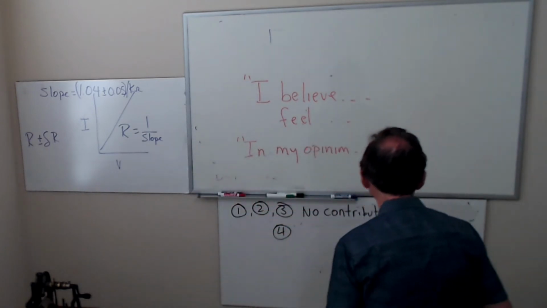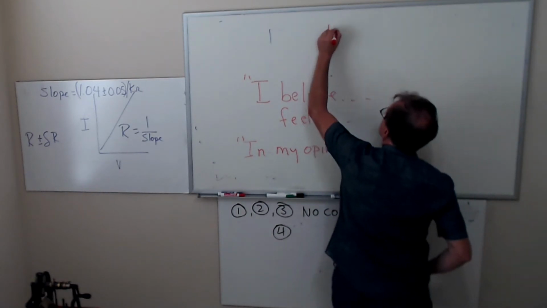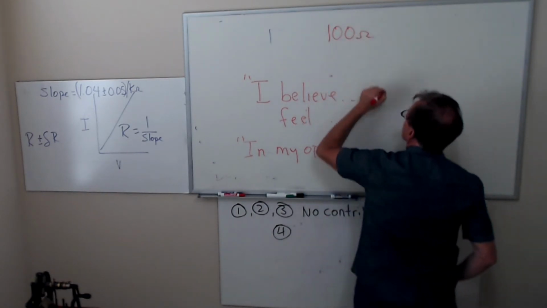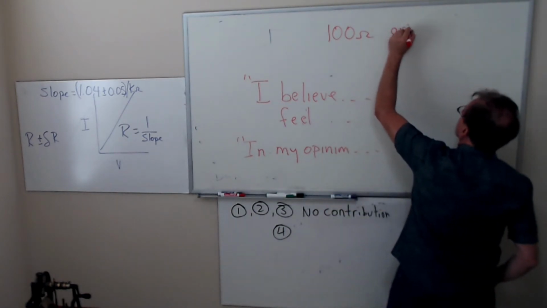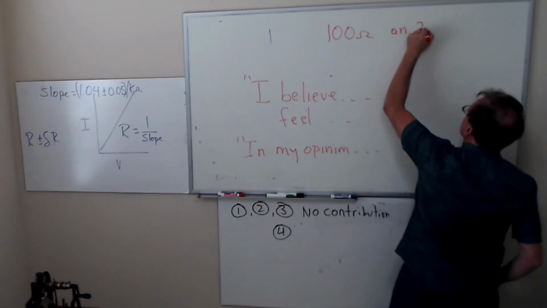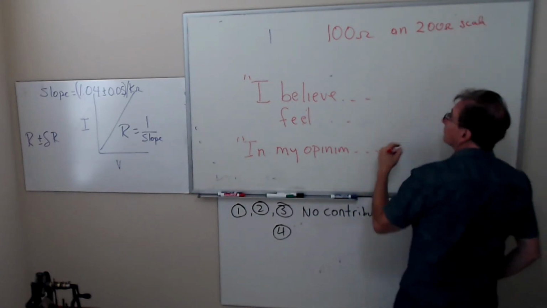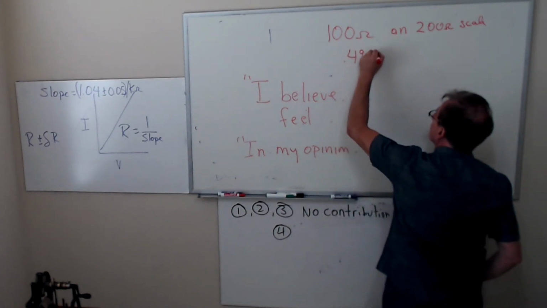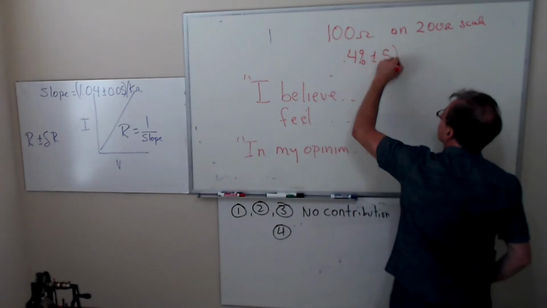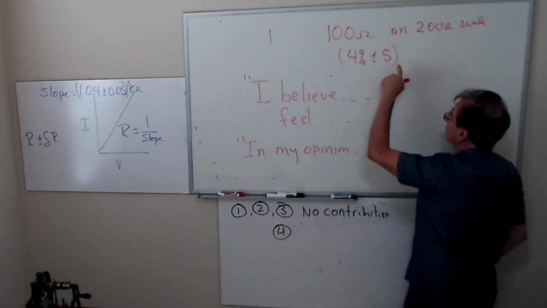So if you measure resistance, let's say you measure 100 ohms, and you do it on the 200 scale, the manual will tell you that the accuracy of this is 0.4% plus or minus 5. This tells you the least significant digit is off by 5.